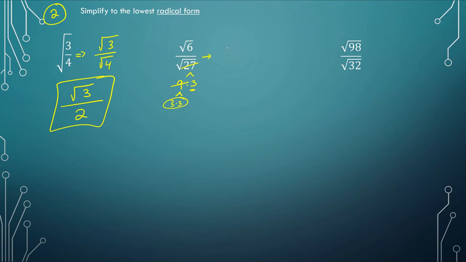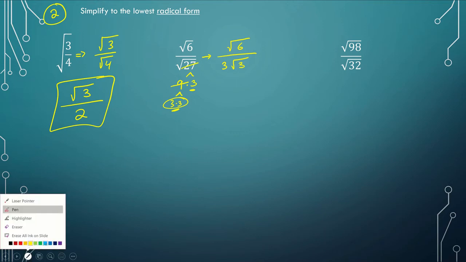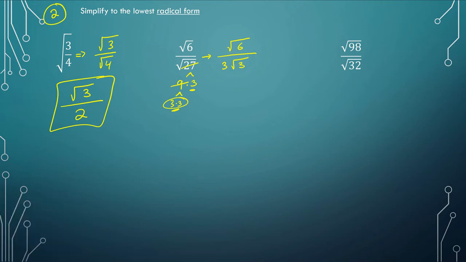And so I'm going to rewrite this as the square root of 6 divided by 3, which is the 3 that I got from the pair, times the square root of 3. Now, here we can further break this down because we have a square root of 6 and a square root of 3. We can either put those together, or we can simplify them, right?